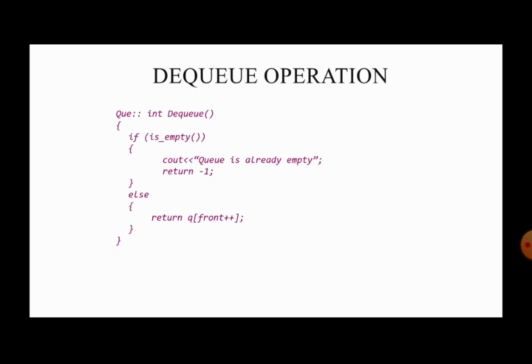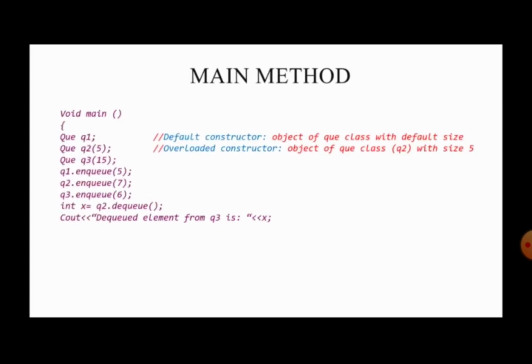Then what will we return? We will return the value which is pointed by the front variable. So we will return queue of front, which is the first value to be dequeued.